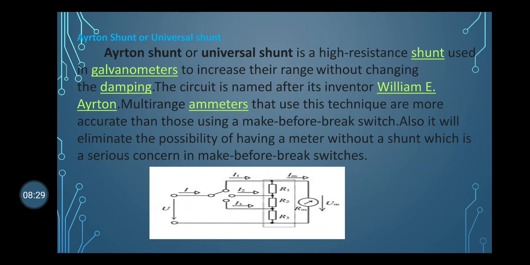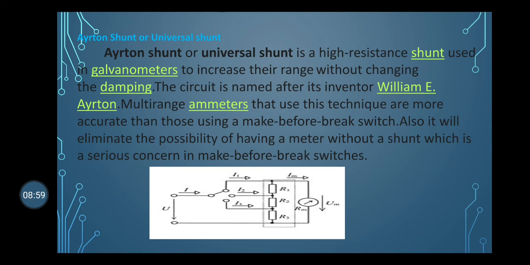Now here is a different type, that is the Ayrton shunt or the universal shunt meter. This is the name of one of the scientists who invented this type of meter, known as the Ayrton shunt meter.